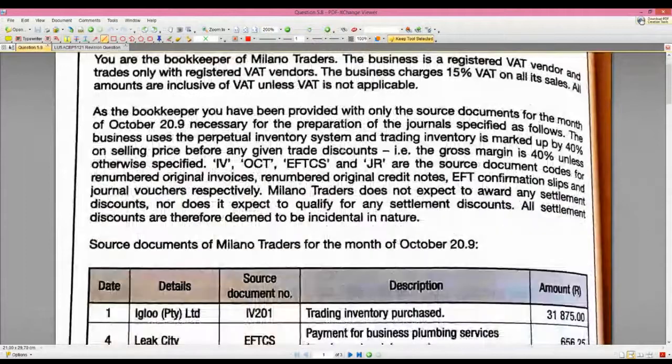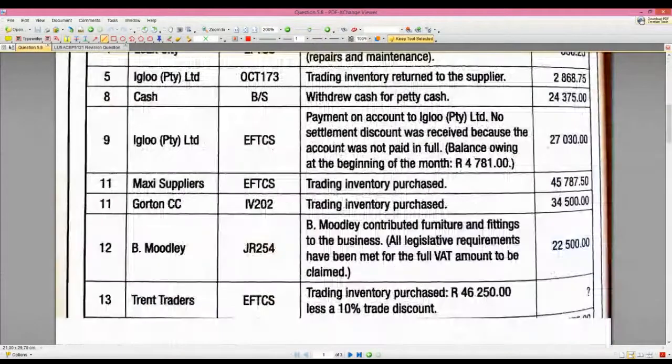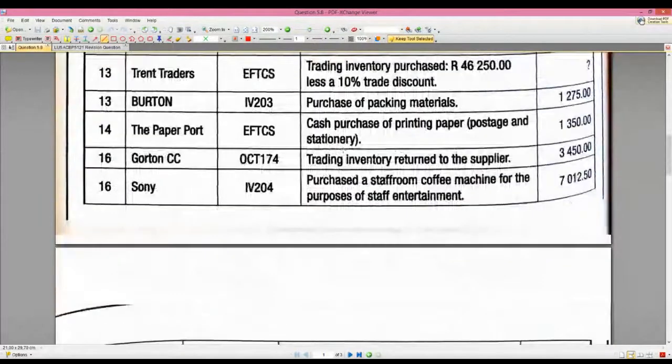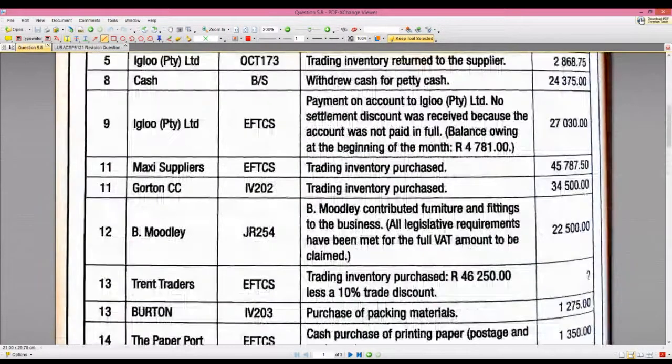Okay, you can find this in your textbooks on page, let me just see if I've got the page number here. On page 186 in your textbooks if you want to follow, if you don't want to follow on the screen.